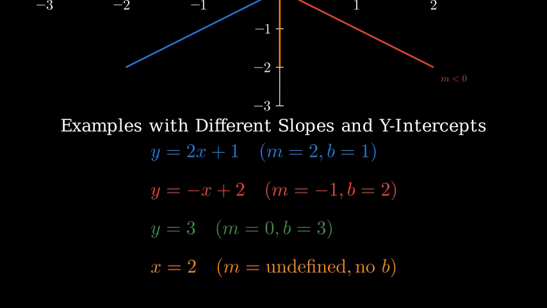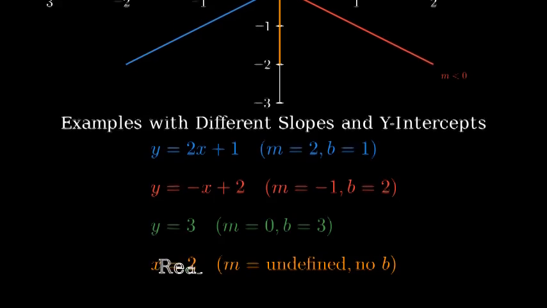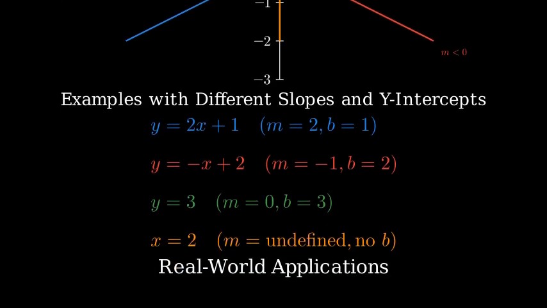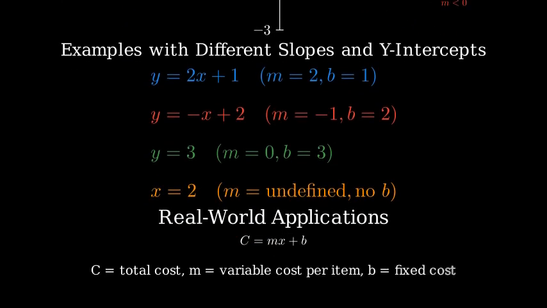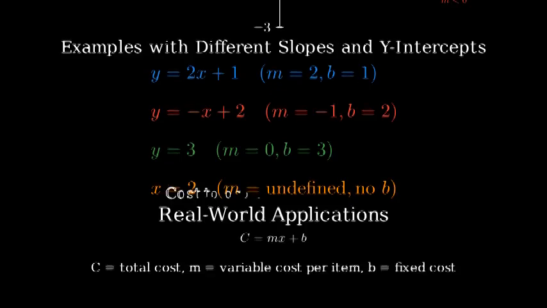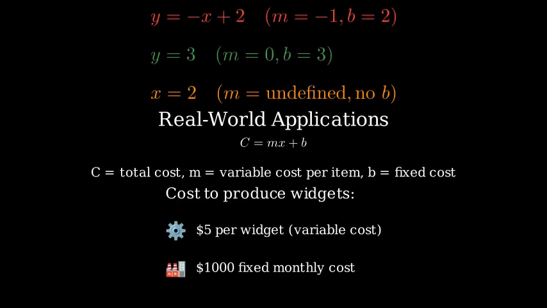Linear equations in two variables are used extensively in real-world scenarios. Let's look at some practical applications. For example, in a business context, the total cost C of producing x items can be represented by the equation C equals mx plus b, where m is the variable cost per item and b is the fixed cost. Let's say it costs a company $5 to produce each widget, and they have a fixed monthly cost of $1,000.